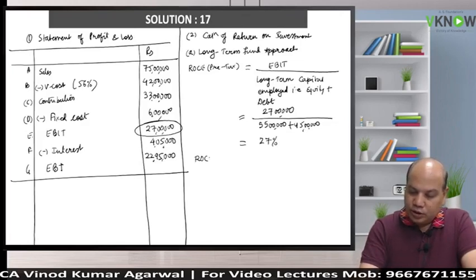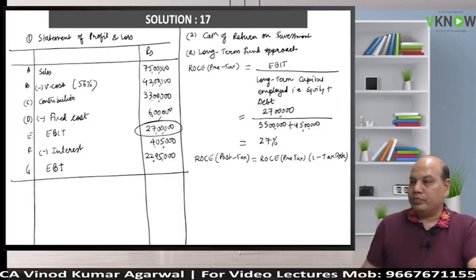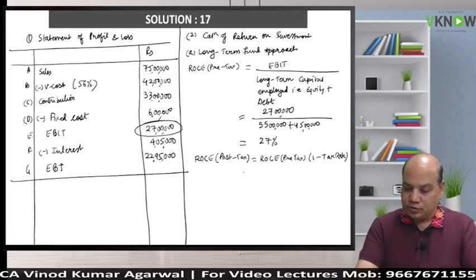Now you also write ROCE post tax will be equal to ROCE pre-tax into 1 minus tax rate. So you can save time. 27 into 1 minus, anybody for tax rate?